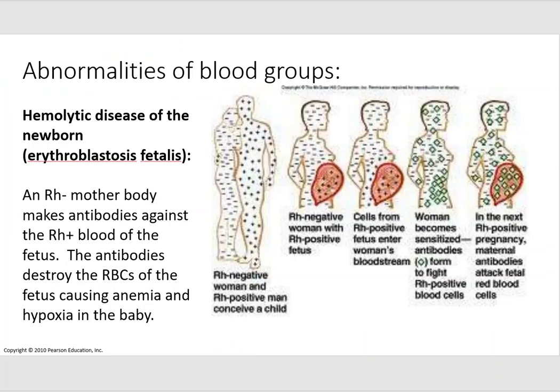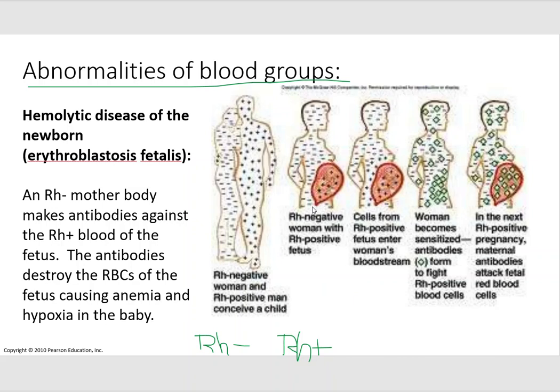Here's an abnormality: hemolytic disease of the newborn, erythroblastosis fetalis. So this is what happens. Mom is Rh negative. It doesn't matter whether she's A, B, or O. She's Rh negative. She marries a guy who has Rh positive blood. They make a baby.